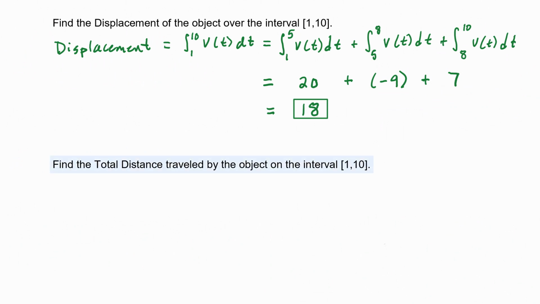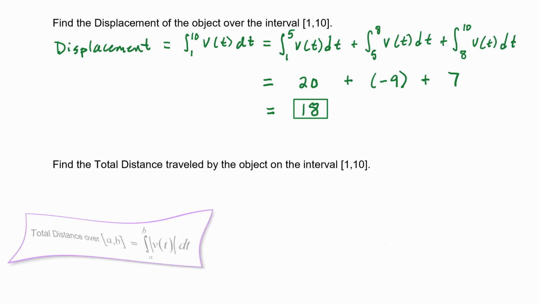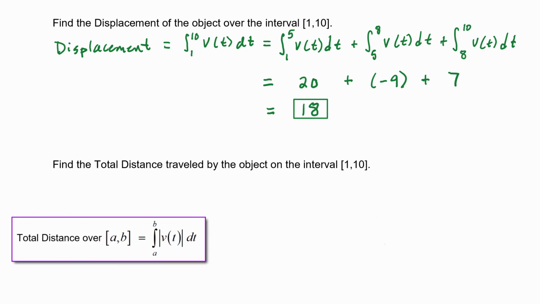Now we want to find the total distance traveled by the object on the interval 1 to 10. Now remember, we have a definition where total distance on the interval a to b is given by the integral from a to b of the absolute value of v of t dt.